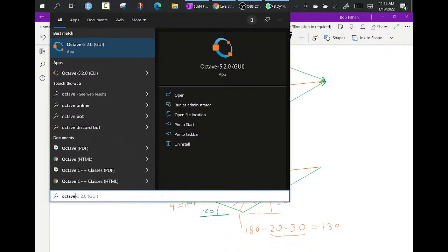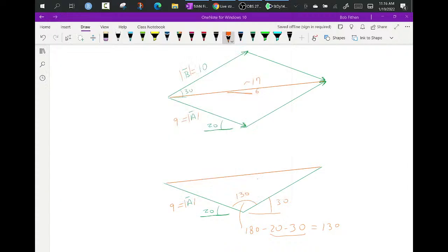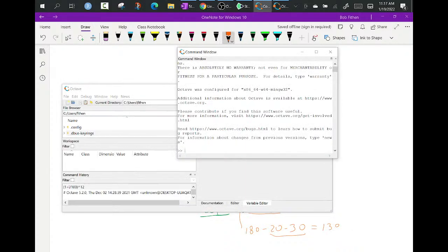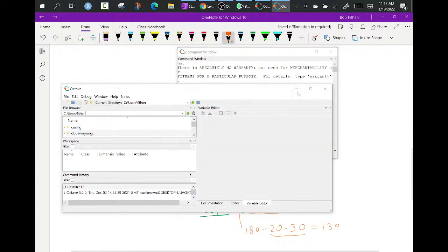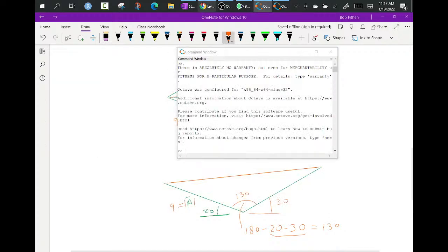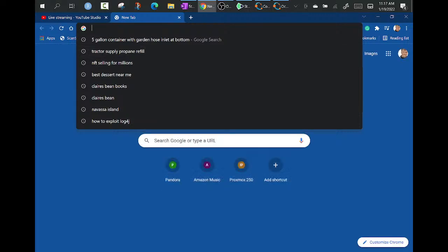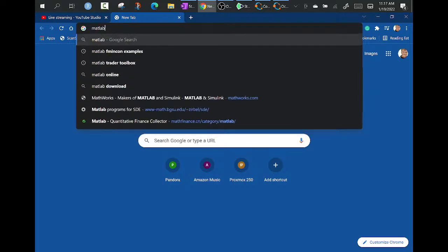I think I have Octave installed here. For those of you who have taken, and probably no one has taken this yet, there is a software package called Octave. Let me take a momentary side tilt here. Eventually you will take a course, MCEG 3003, which deals with something called MATLAB.